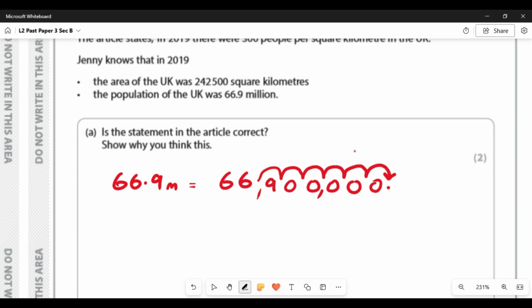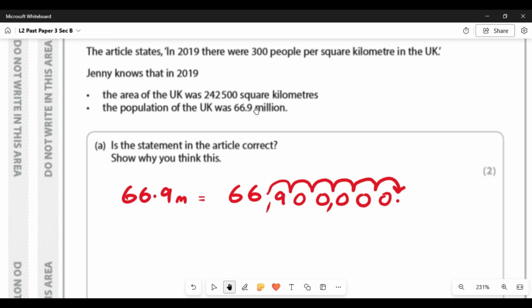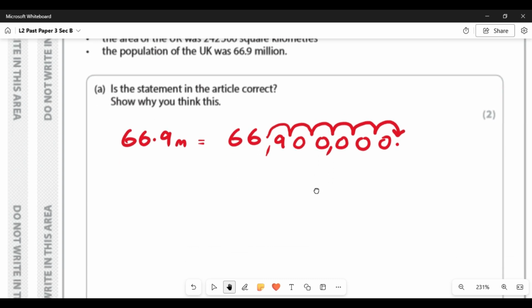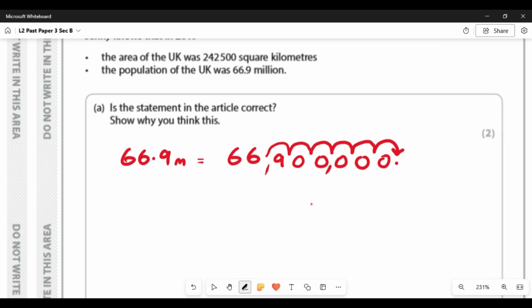Okay. And the area of the UK was 242,500. So what we can do is see how many of these 242,500 go into the 66,900,000, and it should be roughly about 300. Let's double check. 66,900,000, and obviously you're going to use your calculator for this.